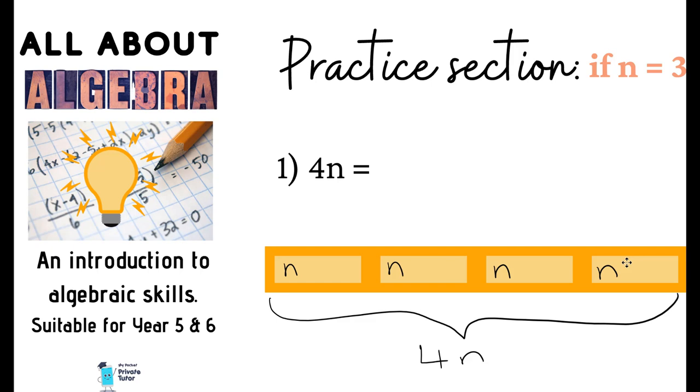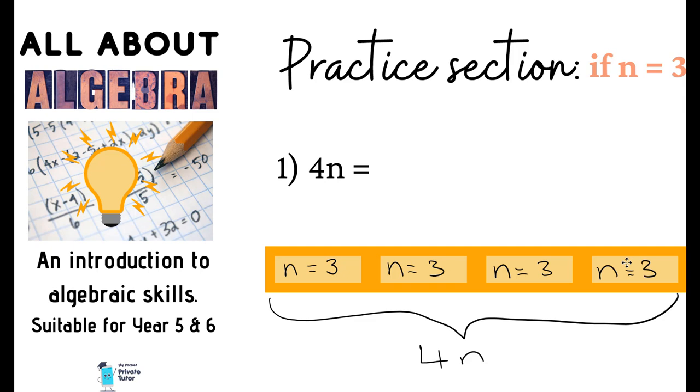Now I also know what n is worth because it is worth 3. If one n is worth 3, they are all worth 3. The letter n is just representing one number and we are told that it is worth 3.